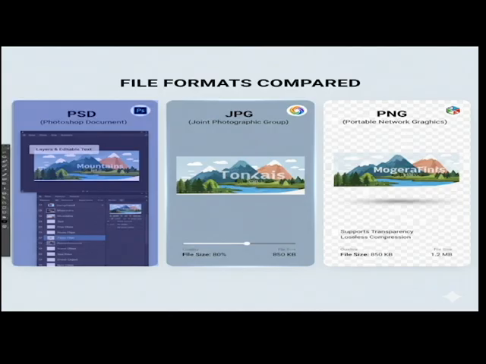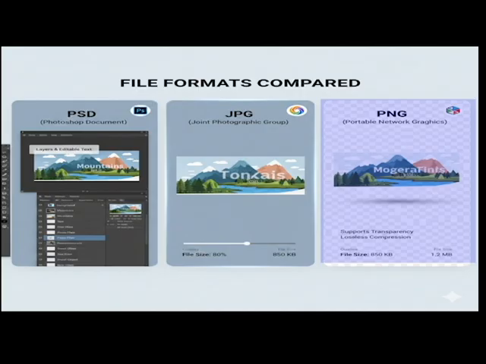Number two is JPG, that is Joint Photographic Experts Group. This is best for photos on the web, and this is what you present as a final copy. The other one is PNG, that is Portable Network Graphics.